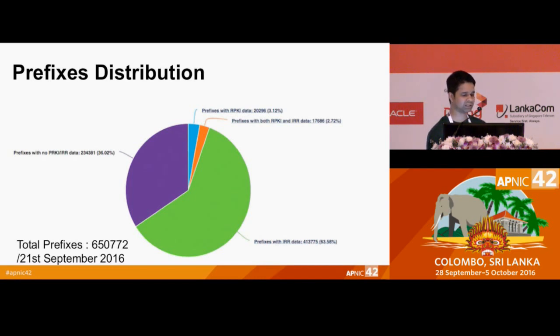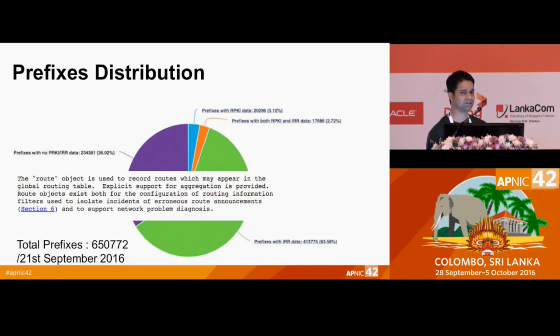But the RFCs say you should have a route object at least to announce those prefixes to the global routing table. So it means that those prefixes could be announced to the global internet table without creating any route object. So why should I create it? Why should I go with all those complexities of having a proxy object or route object?